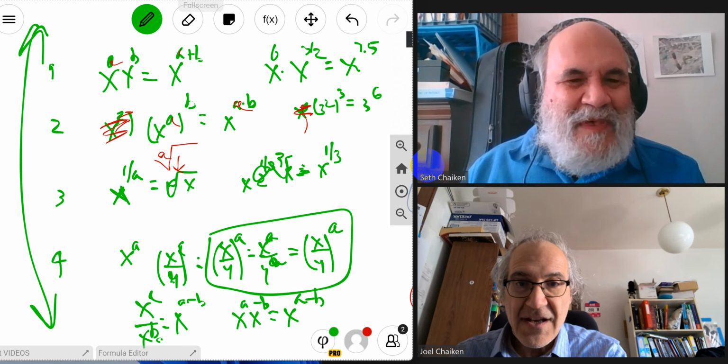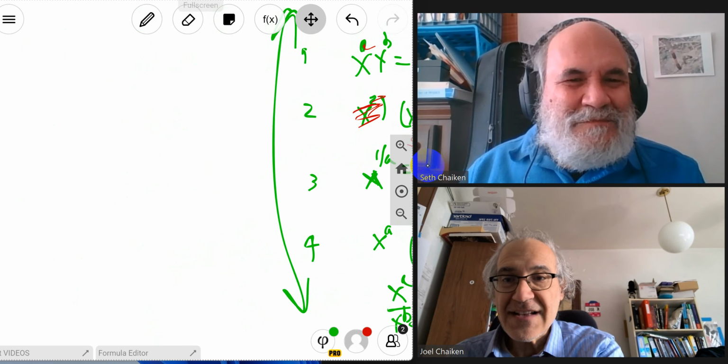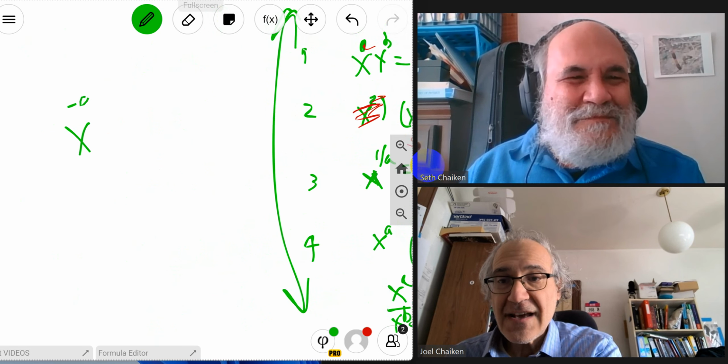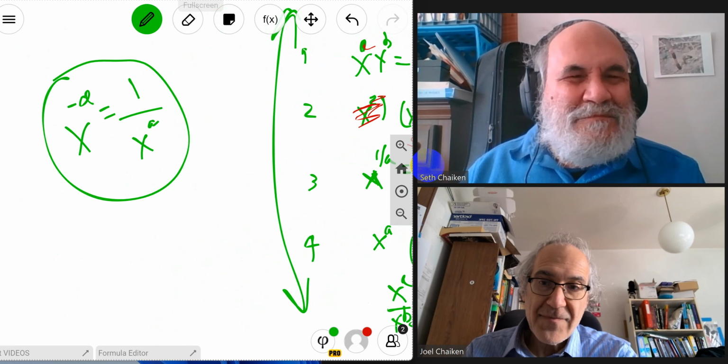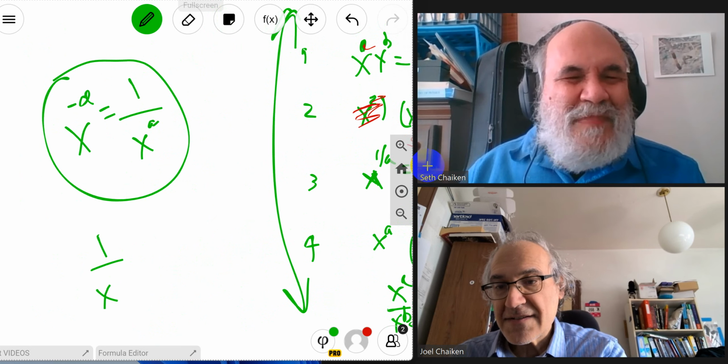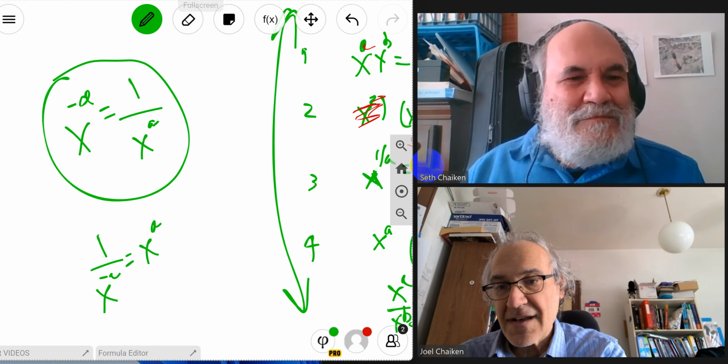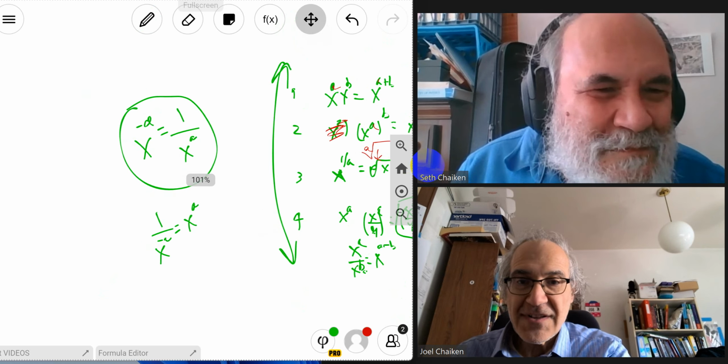Let's do that one for completeness: x to the negative a is 1 over x to the a. I don't think we use that one in this game. And 1 over x to the minus a is equal to x to the a. So there you go, all the exponent rules laid out.